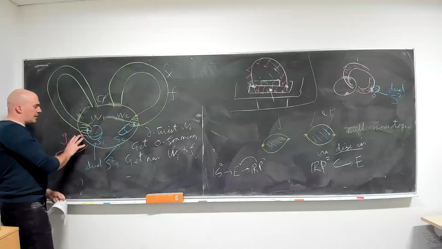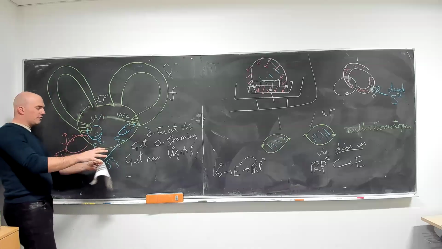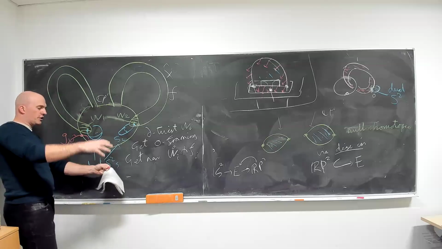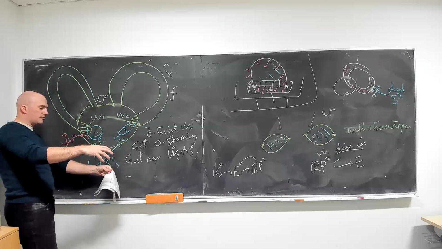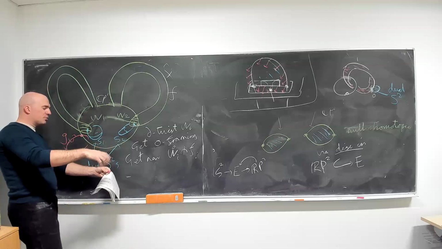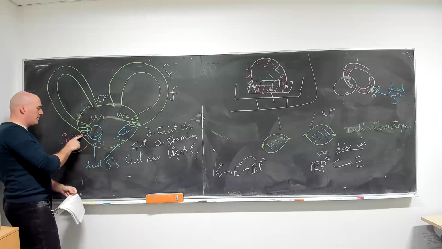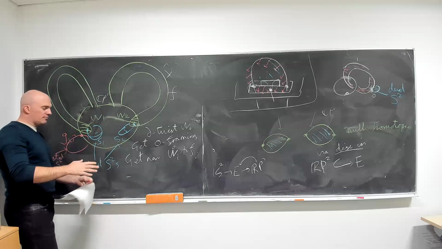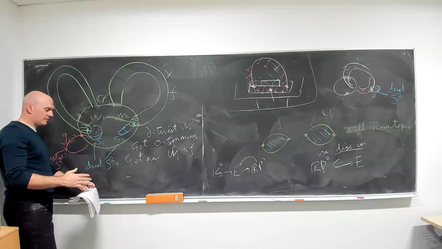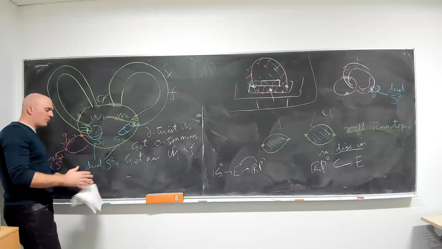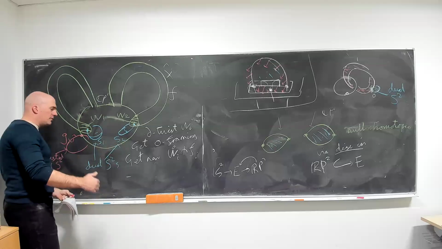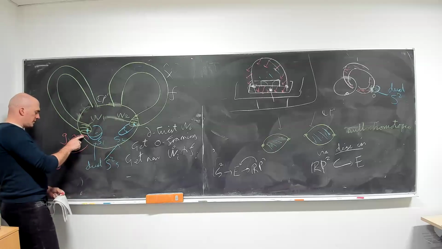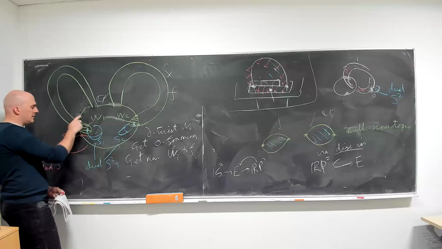The way this comes about is you take the CP1 that you originally had, and you push it off along a non-vanishing section, but the section will have one zero. So any two copies of CP1 intersect in a point, and that's what this point is. But this gives you a dual sphere to this thing.